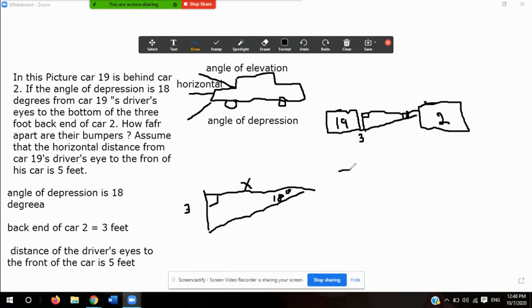So I'm going to say the tangent of 18 degrees equals the opposite, which is 3, over the adjacent, which is X, what I'm looking for. On your calculators, you can look for the tangent of 18 degrees.